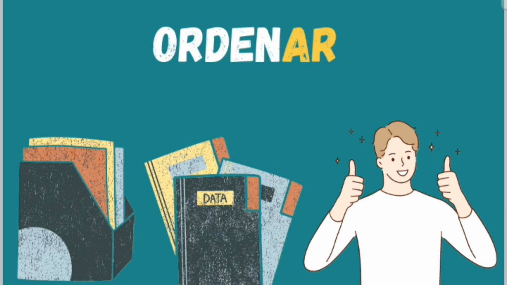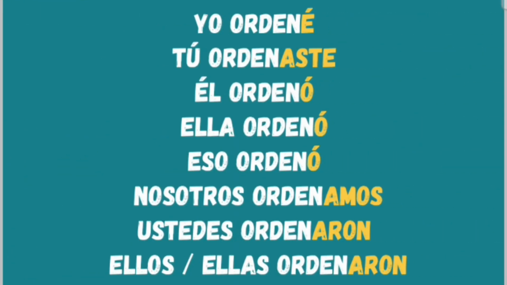Here we have this verb to order. Order means ordenar in Spanish. So now let's see how we're going to conjugate this verb in the indefinite past in Spanish. So we have the personal pronoun I, which means yo.